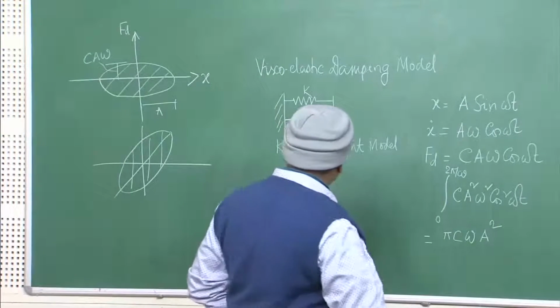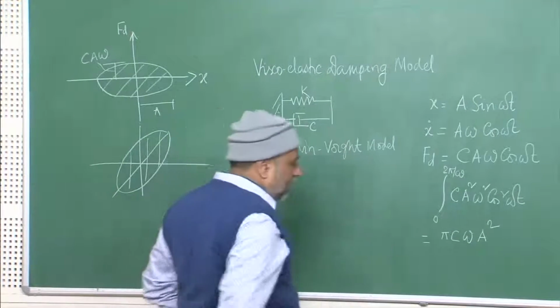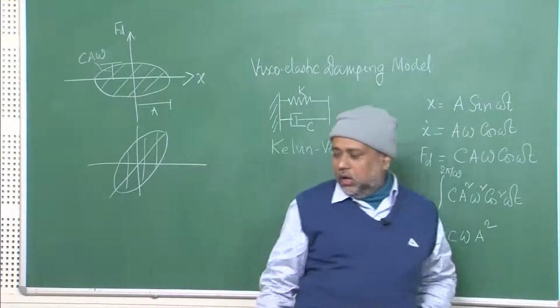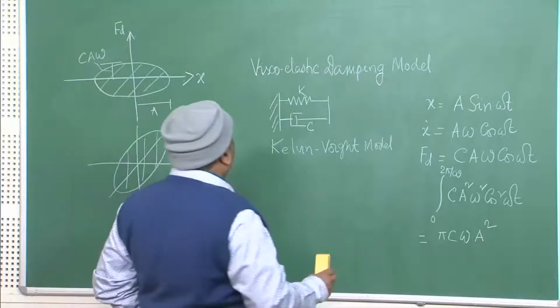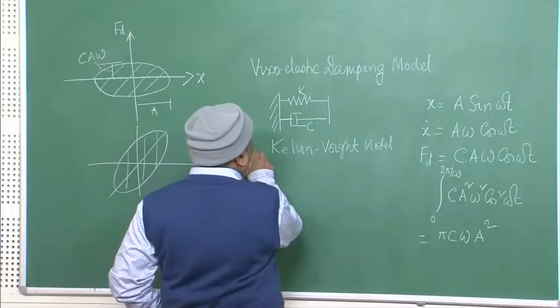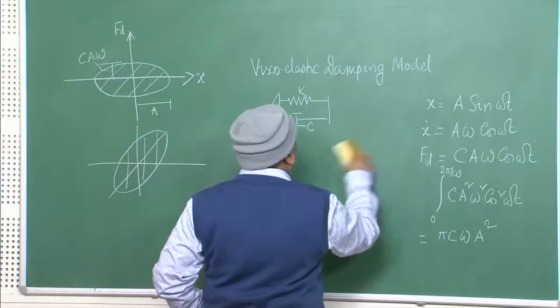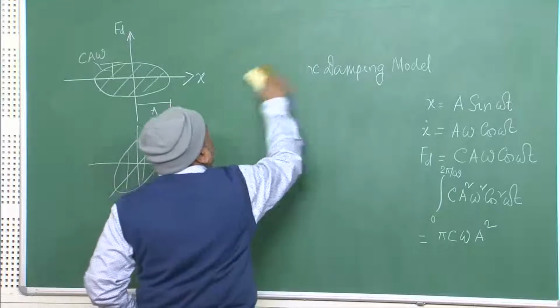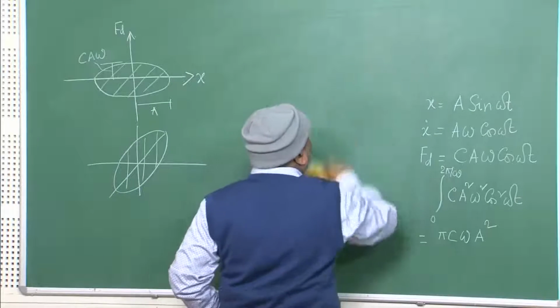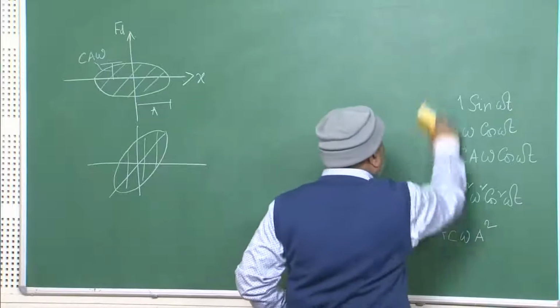So, that is the viscoelastic damping model. Now, in terms of this model, we know what the energy dissipation is and what the geometric interpretation of the system is.